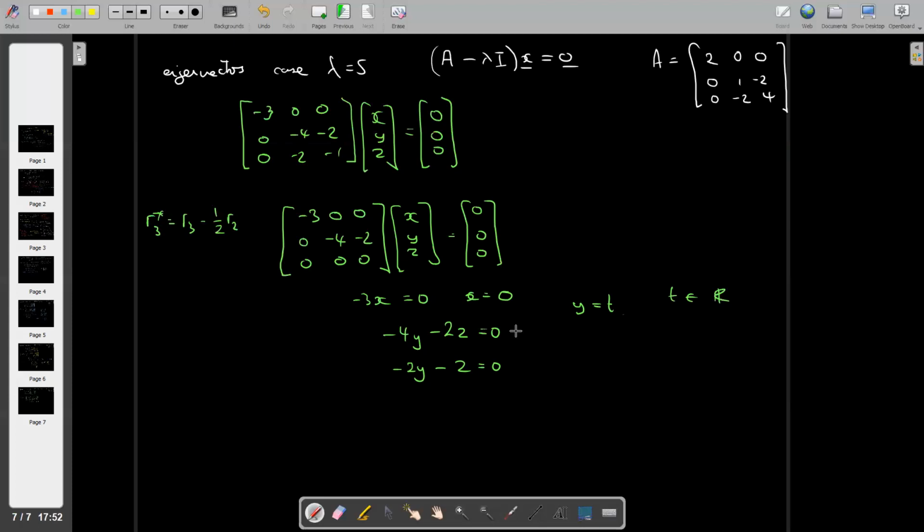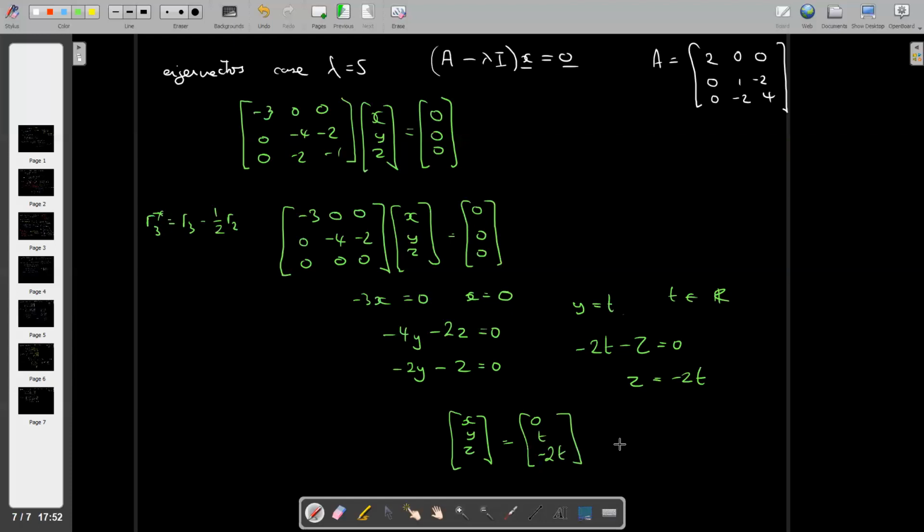So this is going to give us negative 2t take z equals 0, and so z is equal to negative 2t. So combining the facts, (x, y, z) is equal to, well, x is 0, y is t, and z is negative 2t.